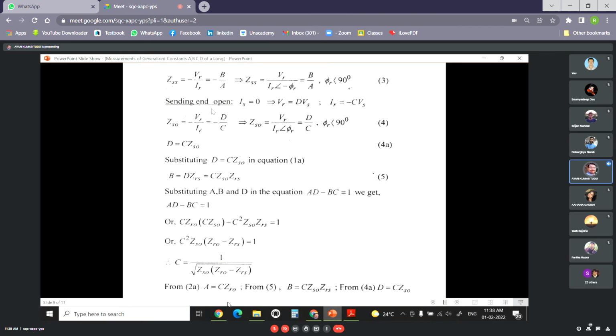Taking that into consideration, we get ZSO equal to VR by IR angle phi R equal to D by C, where phi R is again less than 90 degrees.